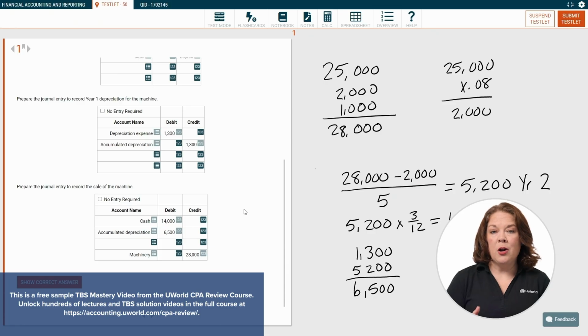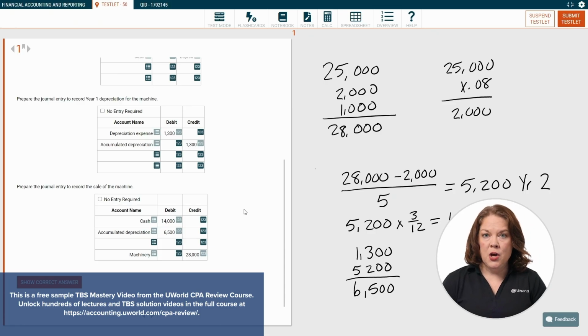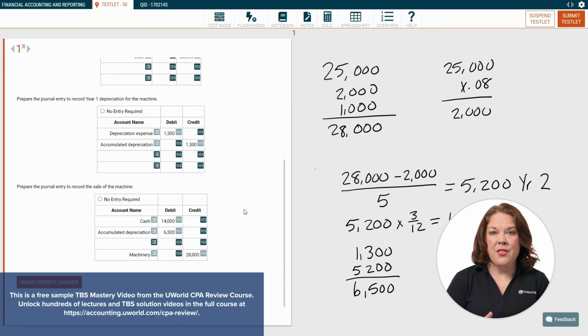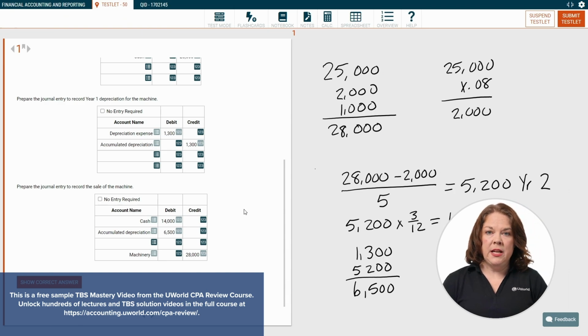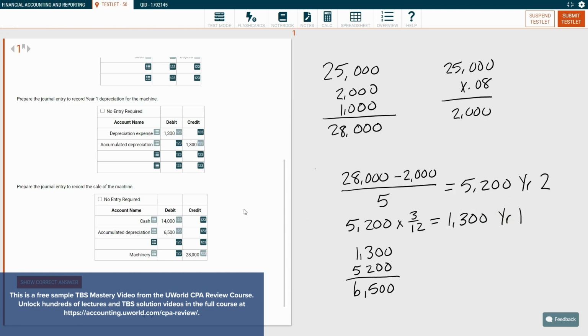What's wrong here, though? Our debits aren't equal to credits, so we're going to need something to make those balance. We have $28,000 in credits, and we have $20,500 of debits. So we're going to need here an additional debit of $7,500. What do we call this account?